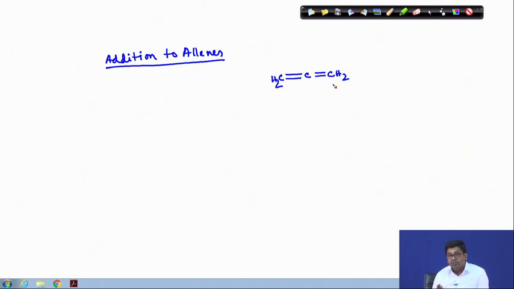So, if you take the carbenes or the Simmons-Smith reagent, how is that going to react with the allene? Okay. If we take one example, just I will show here.